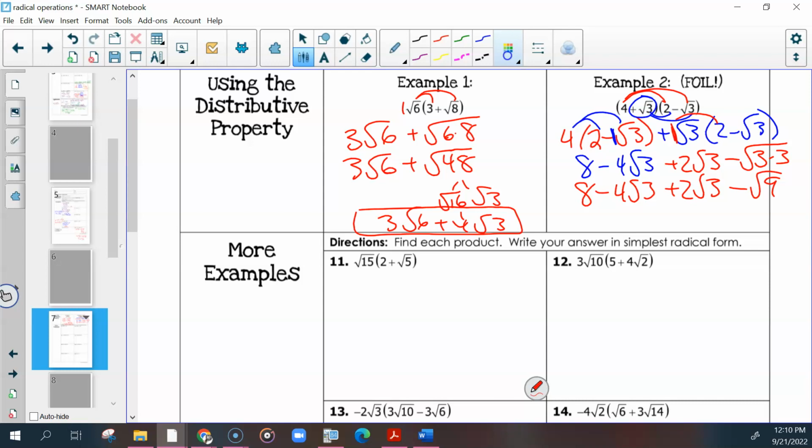Can the square root of 9 be simplified? Yes, to what? 3, because it's a perfect square. What terms could we combine from this?